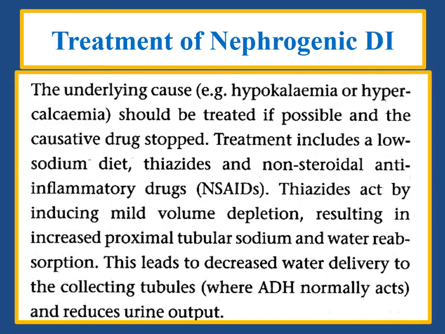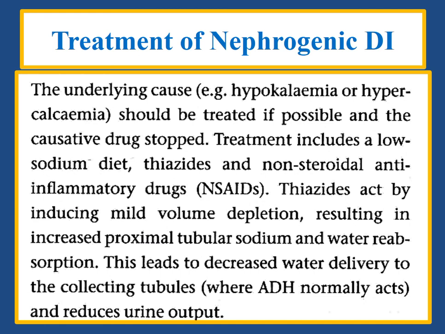Treatment of nephrogenic diabetes insipidus. The underlying cause, for example, hypokalemia or hypercalcemia, should be treated if possible and the causative drug stopped. Treatment includes a low-sodium diet, thiazides, and non-steroidal anti-inflammatory drugs. Thiazides act by inducing mild volume depletion, resulting in increased proximal tubular sodium and water reabsorption.